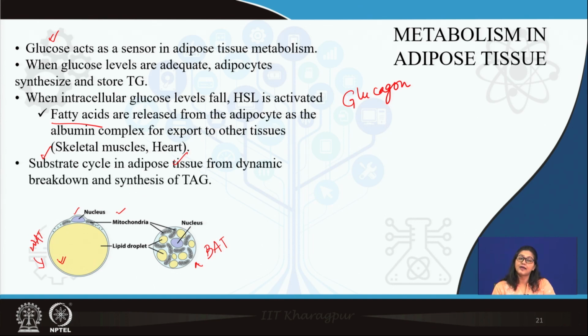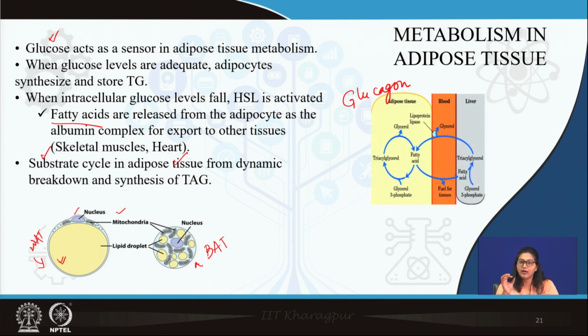Then there is a substrate cycle which is present in adipose tissue. Now, you are much aware of this diagram, already discussed in the class on triacylglycerol synthesis. This cycle is known as the triacylglycerol cycle, where you can see there is continuous breakdown of triacylglycerol in adipose tissue, forming glycerol and free fatty acid. Now remember, the fatty acids provided by adipose tissue are not 100% utilized for providing energy.